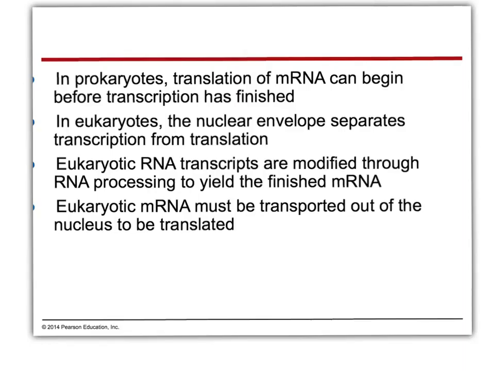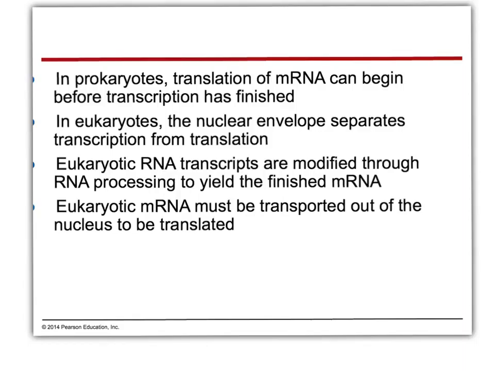So in prokaryotes, there is no containment. All right? So in prokaryotes, transcription can start and translation can start because there's no fence. There's no barrier between where the ribosomes are in the cytoplasm, in the cytosol, and where transcription's happening, where the DNA is. Okay?